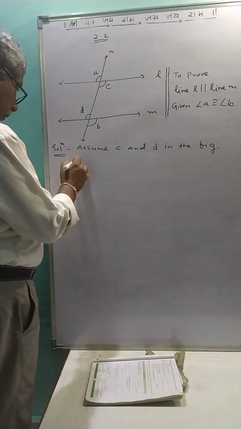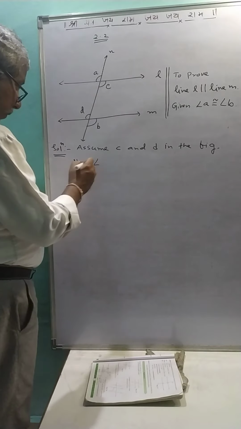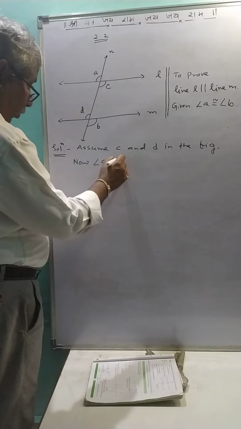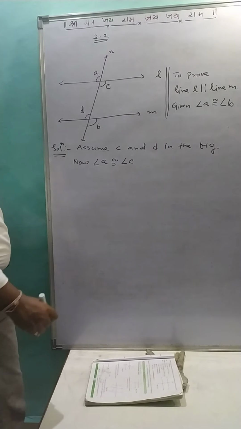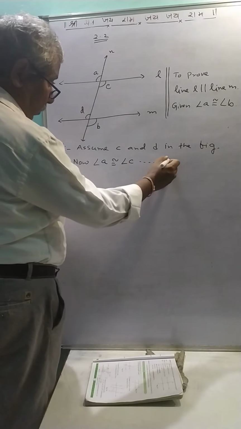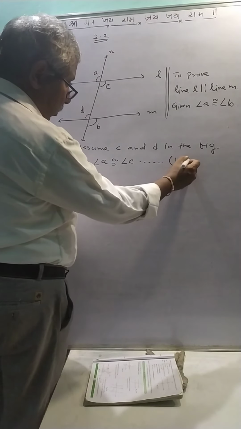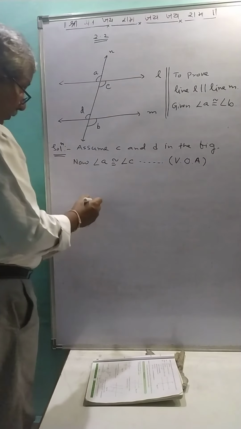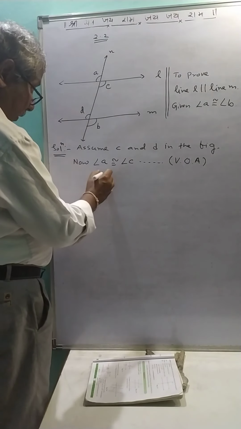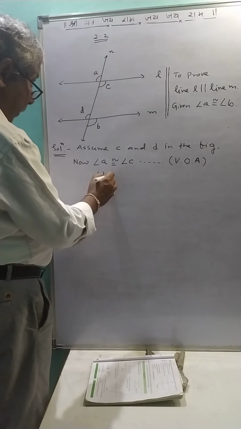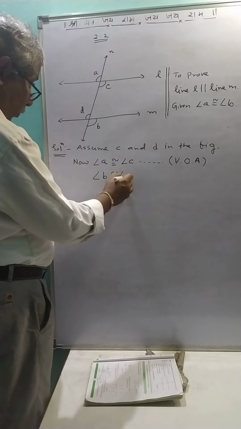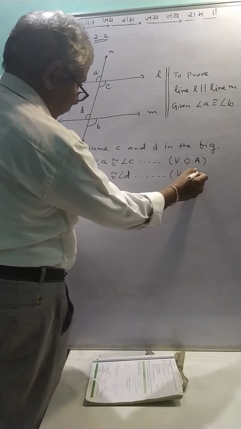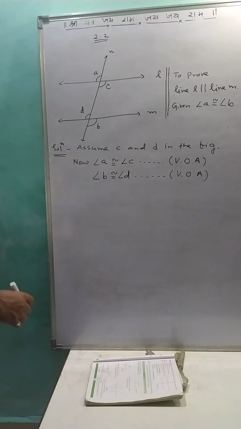Now angle A is congruent to angle C, vertical opposite angle. Similarly, angle B is congruent to angle D, vertical opposite angle.